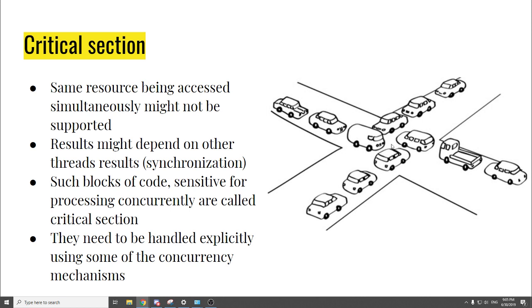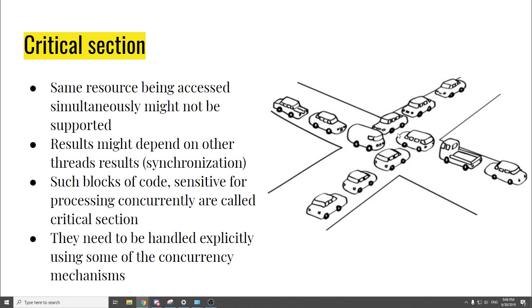So in programming, it's not as severe. When a resource is being accessed by another process, you will maybe get a wrong result, maybe an exception, something along those lines. Anyways, critical section means that there is a need to regulate it.